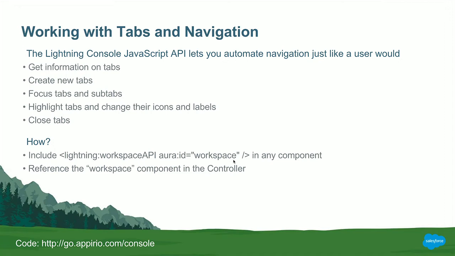But you drop that tag into any component, and all of a sudden, you've got a gateway. It's like a remote control for the console. So you can make this available for any of your components that need to control the console. Then we take that name, Workspace, and you can refer to it in your Lightning component controller, the JavaScript controller.